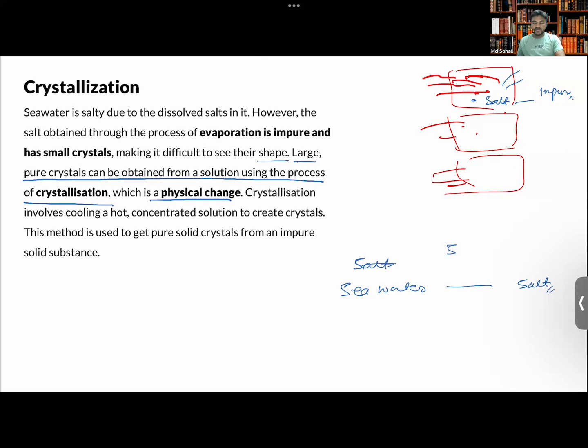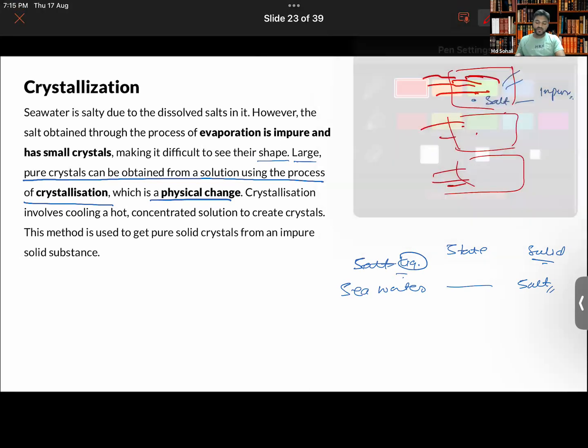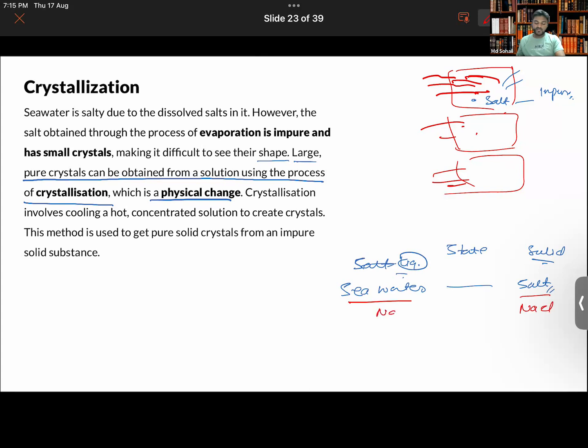Although their states are different, this is solid and this is liquid, the chemical composition is the same. It is also NaCl here, and it also consists of salt here. Getting it?